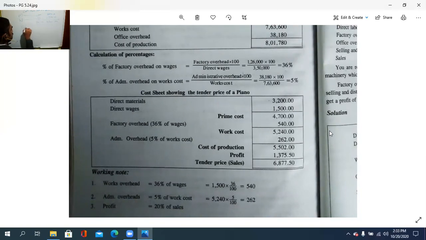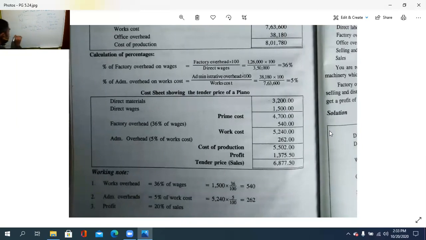Factory overheads: 36%, because we already calculated factory overheads on direct wages. So 36% on wages, that is 1,500, so it is 540. So it is 5240. That is the work cost.